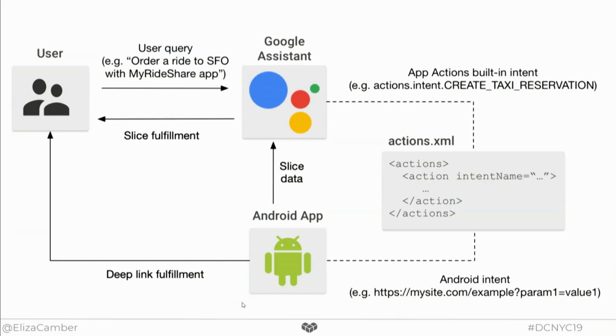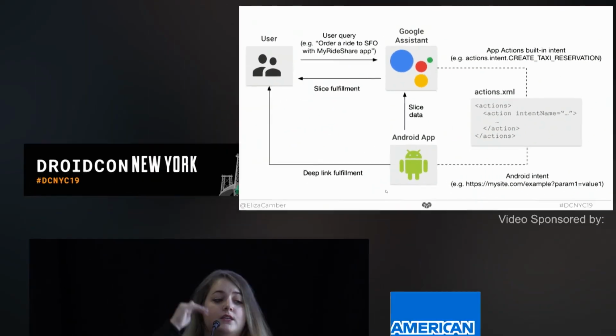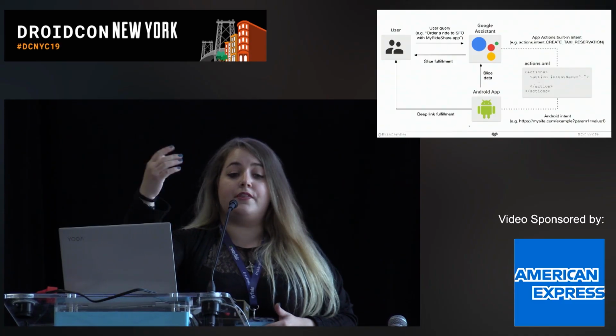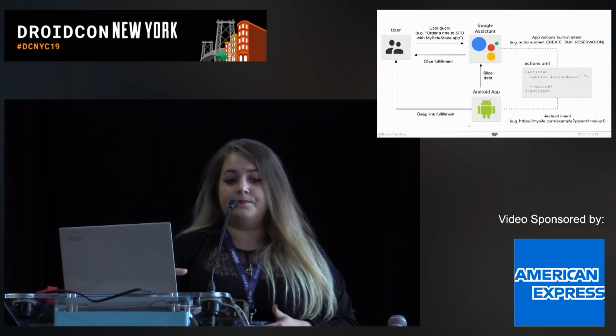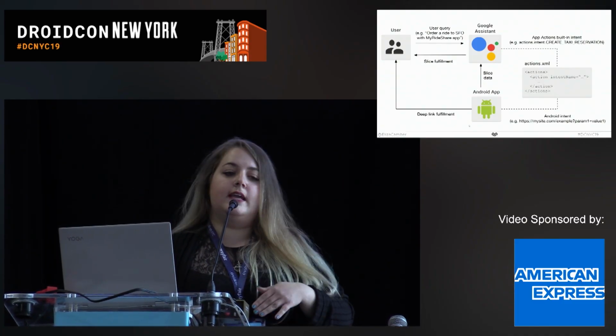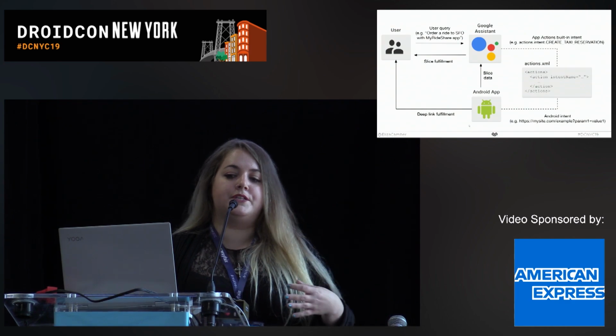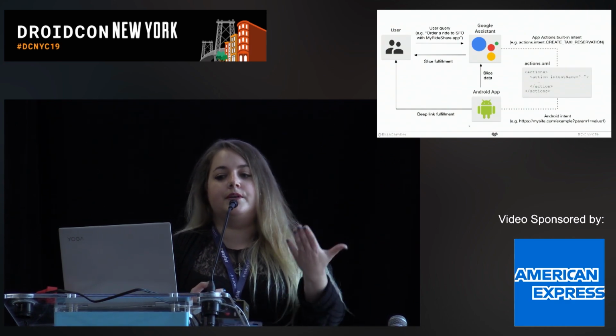If it finds an app that can fulfill this action, then it will go to the Android app, and you will handle it there in order to provide all of the data that you want to your user. If it's a slice, then it will go to the Google Assistant again so that the Google Assistant can display it. Otherwise, it will just launch the Android application and it will be shown on the user's device.